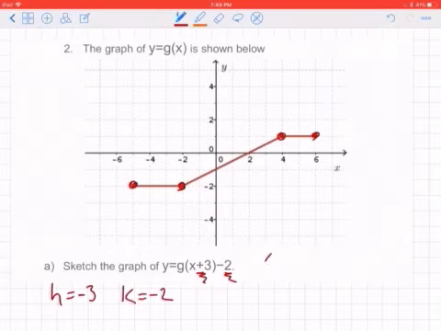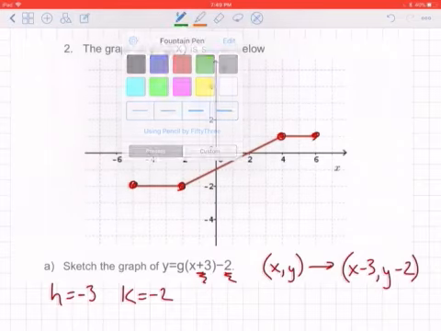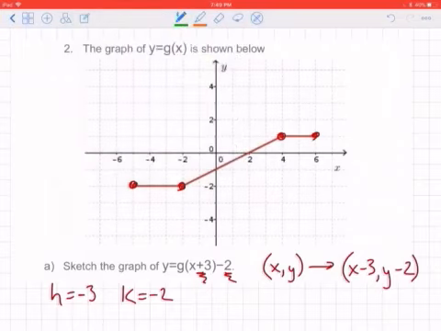So we could then say that every point (x, y) is going to be mapped to (x minus 3, y minus 2). Now, that's one way we could do it, and then we could say, okay, so for this point here, that's (negative 5, negative 2).